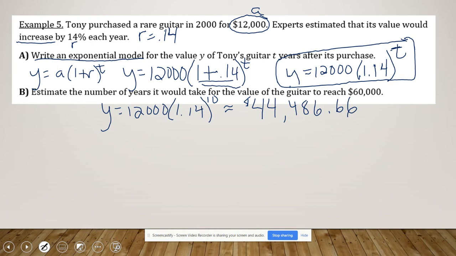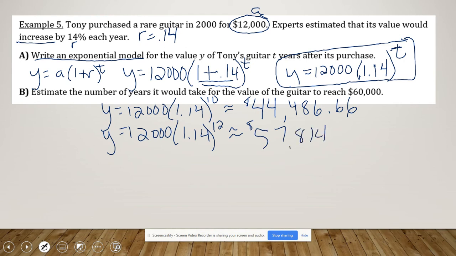Not close enough, but getting there. So next, let's try 12 years. So I'm going to plug that in my calculator. And at 12 years, I am at $57,814.86. That's really close.